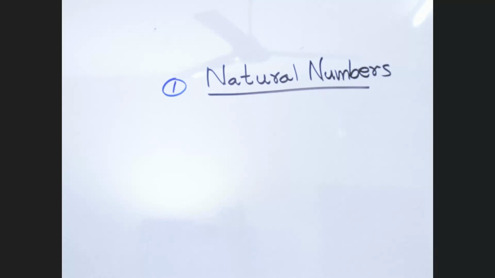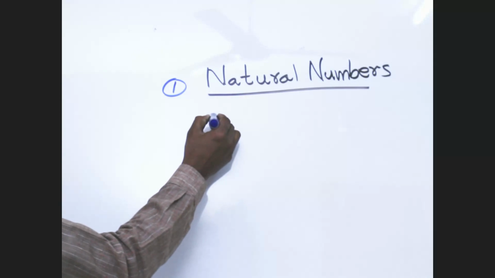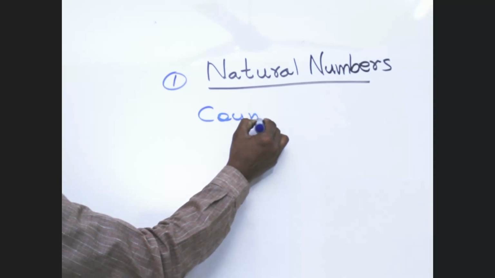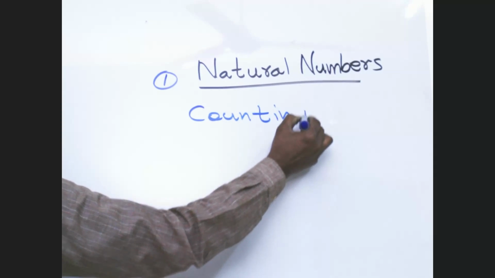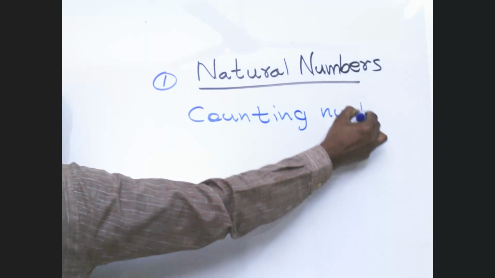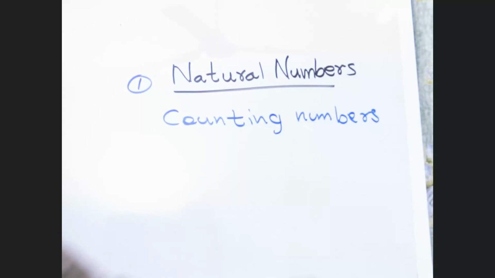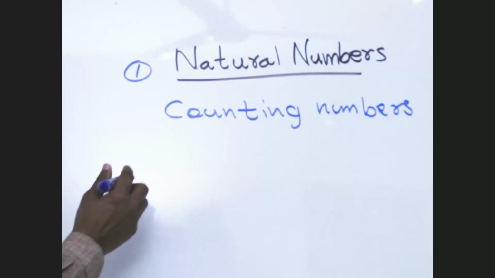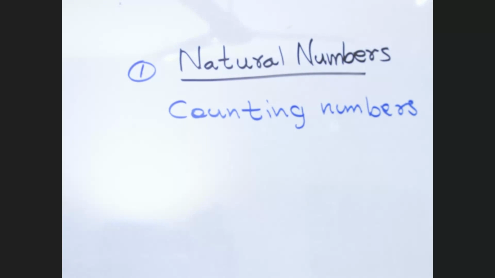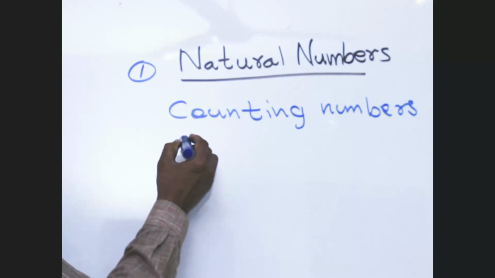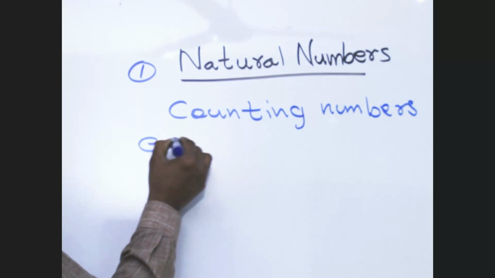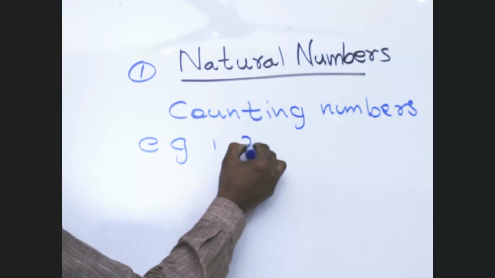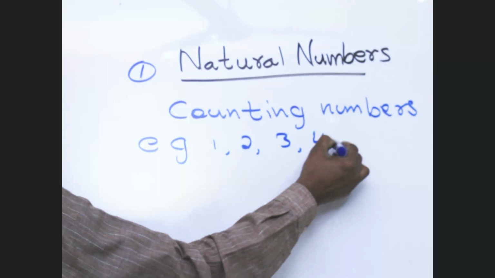Natural numbers are also called counting numbers, like positive numbers only, because for counting we are not using any negative numbers, and 0 also we are not using. An example will be 1, 2, 3, 4, etc.